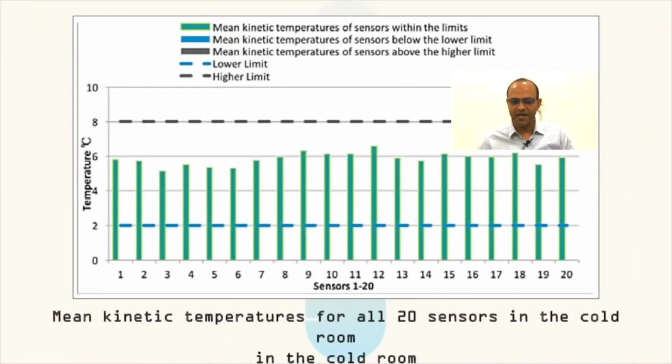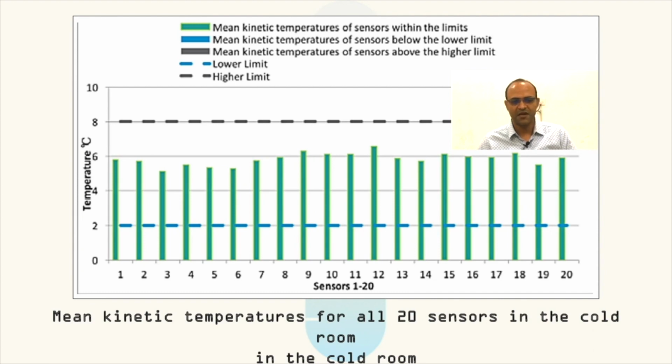Then the mean kinetic temperature for all the 20 sensors. For example, here you have defined the lower limit as 2 degrees Celsius and upper limit as 8 degrees Celsius. So now this is the mean kinetic temperature. For example, for different sensors, let us say the temperature recorded by the first sensor is close to 6.